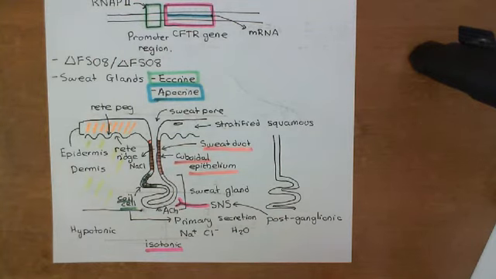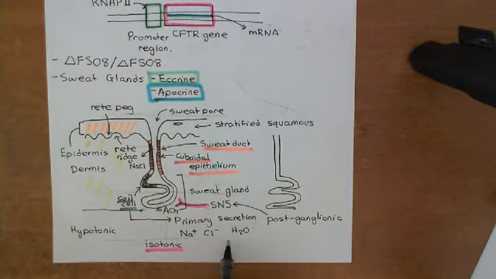Okay, so we have discussed the structure of an eccrine sweat gland. We've discussed how they consist of a sweat duct here, and then the coiled portion, which is the actual sweat gland. The sweat gland has cuboidal epithelial cells, which secrete the primary secretion of the sweat gland, which is a watery solution containing a large amount of sodium and chloride ions.